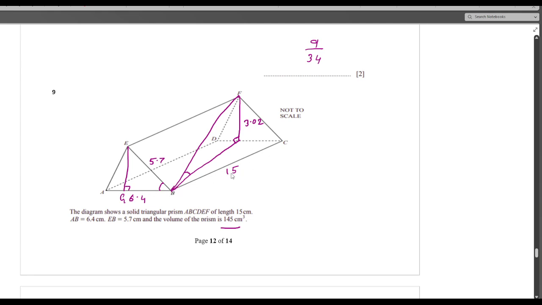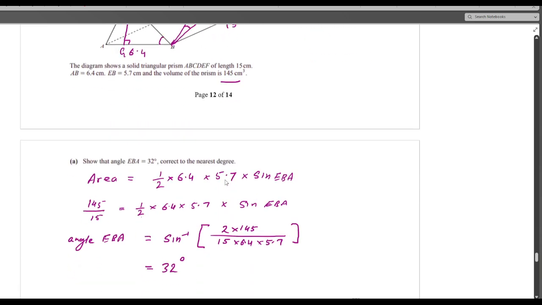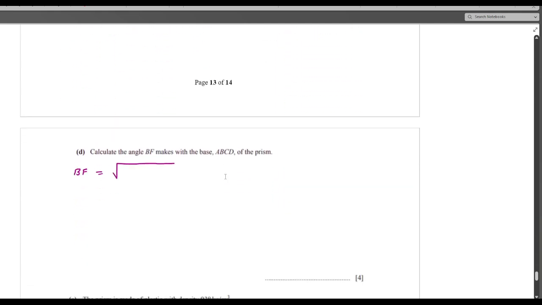In BEFC the length is 15 and the breadth is 5.7. So it is 15 square plus 5.7 square. This will give you a root, but I will not calculate it.